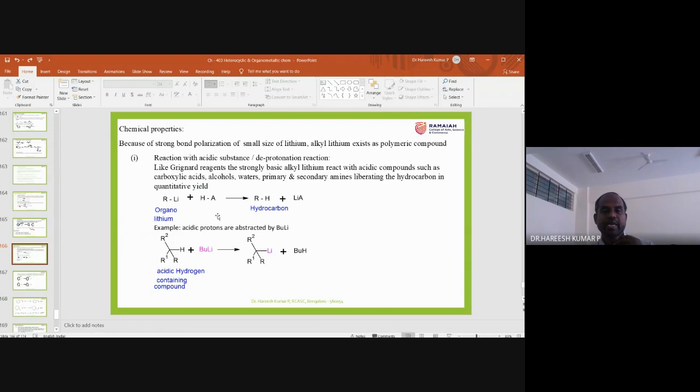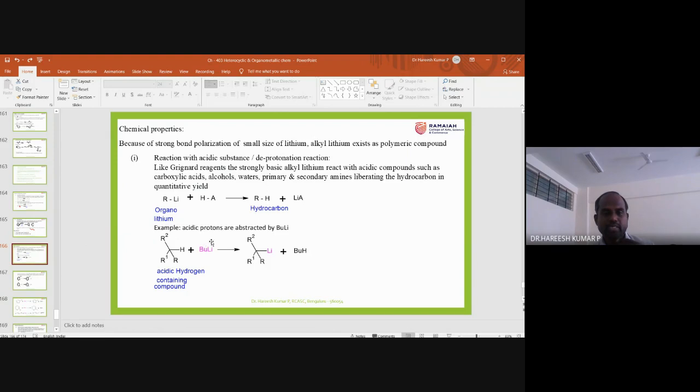There will be a liberation of hydrocarbon. This R minus can react with the proton. If we are taking butyl lithium, butane is formed. Butane is a gas, it will go out. And if you are using acetic acid here, lithium acetate is the byproduct.